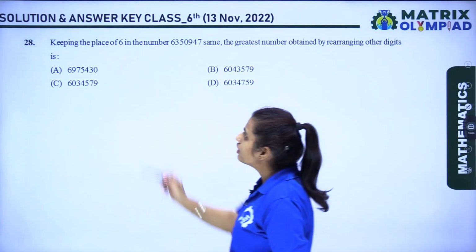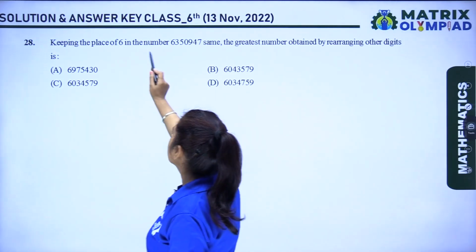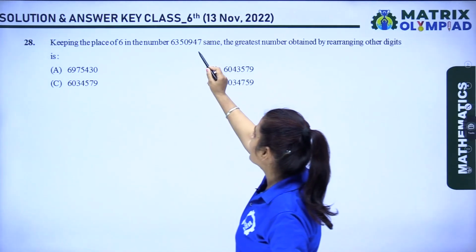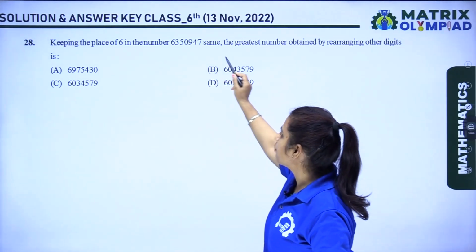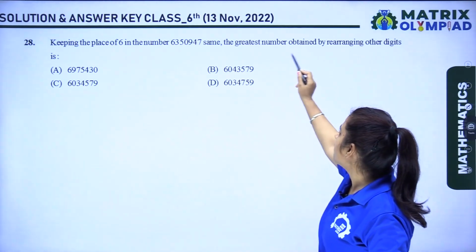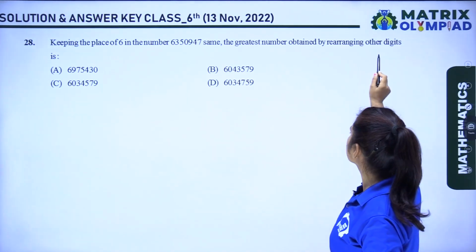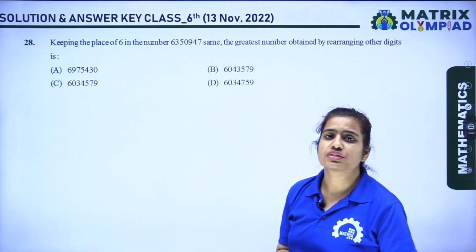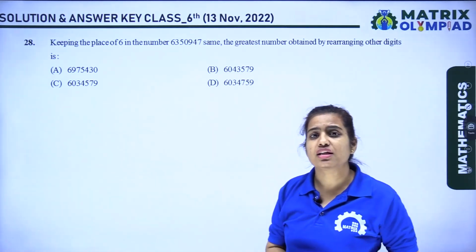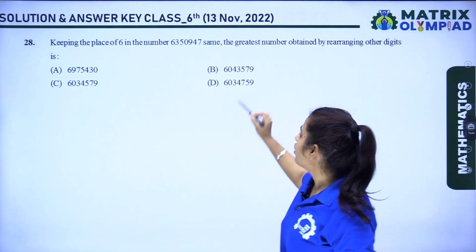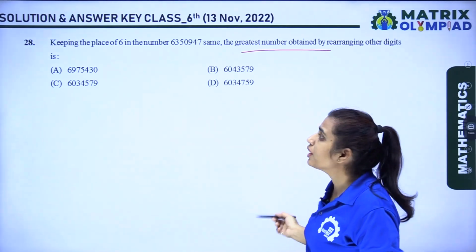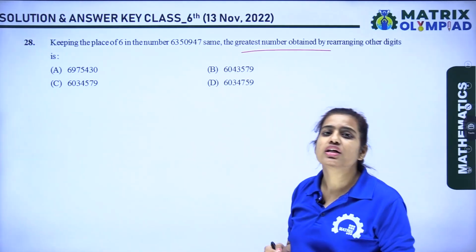Next question is, keeping the place of 6 in the number 63,50,947 same, the greatest number obtained by rearranging other digits is. Now we have to keep the place of 6 at the 10 lakh place. Now we have to form the greatest number obtained by rearranging the other digits.